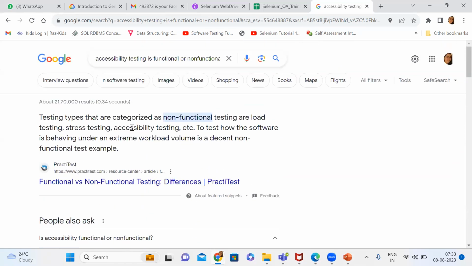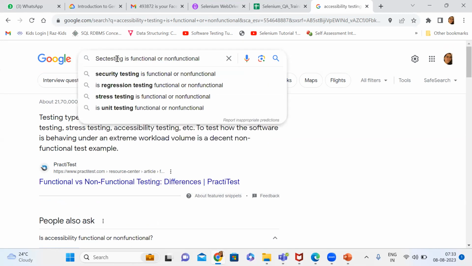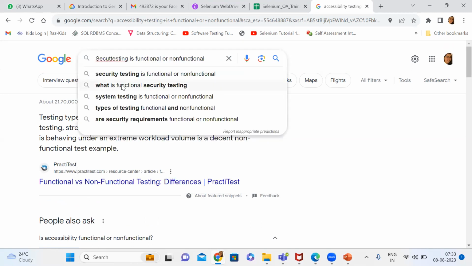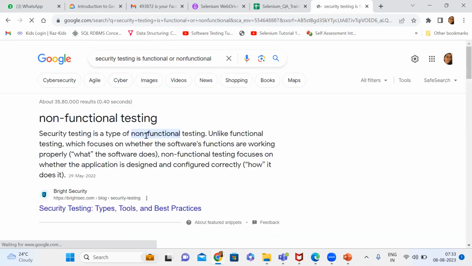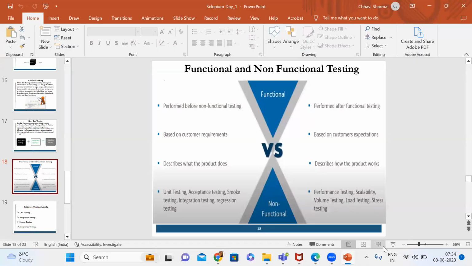So accessibility is non-functional. Security testing is also non-functional, and nowadays it is very important. Clear everyone?